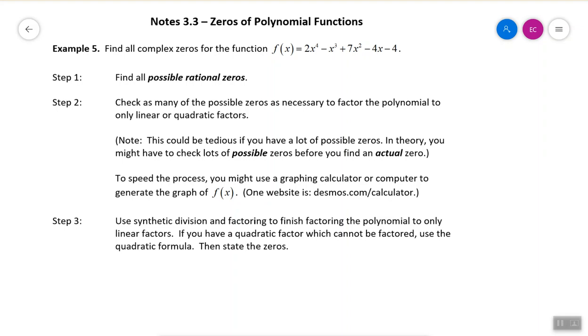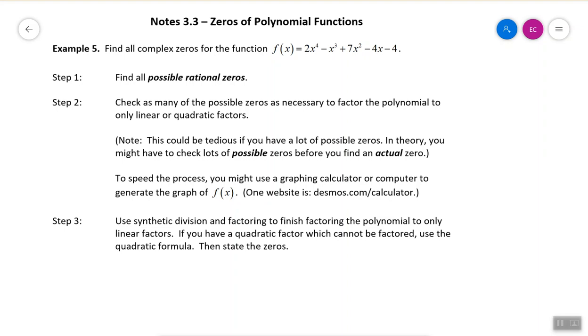In theory, this could be tedious if you have lots of possible rational zeros, or if you can't find one that works. And so hopefully this example and the homework problems won't have you doing pages and pages of synthetic division.